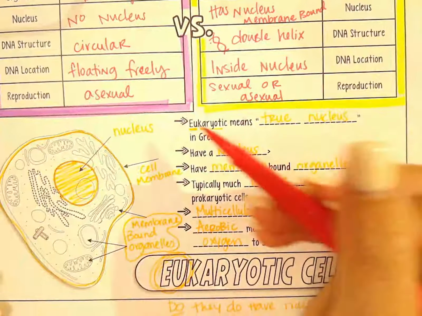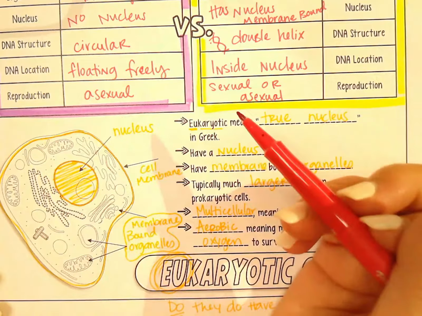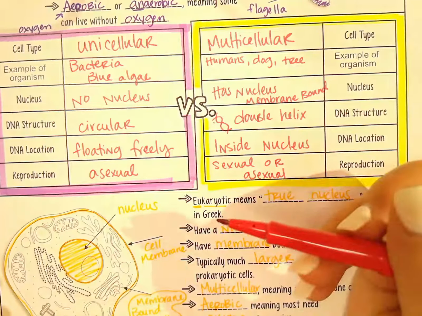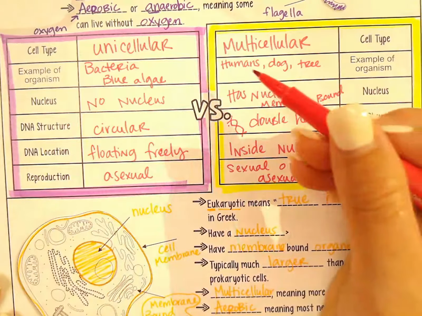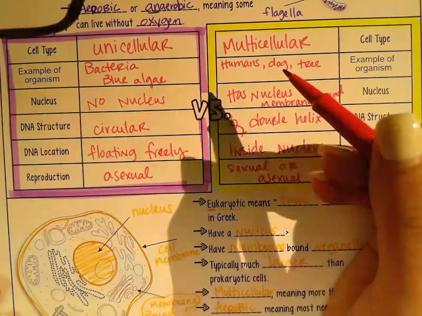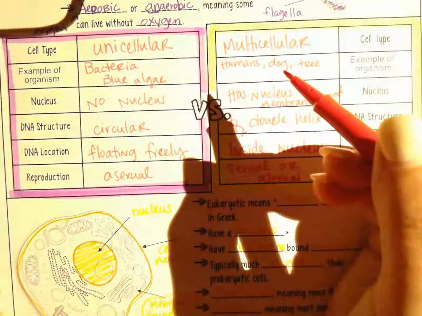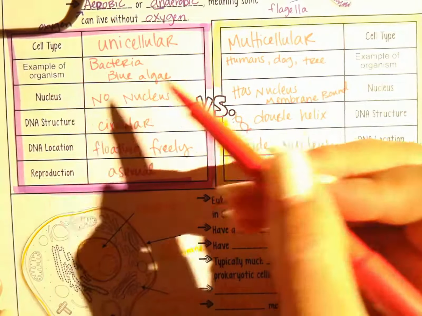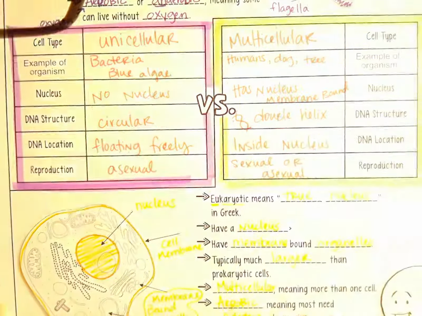This creates a lot of diversity in the types of cells that we can have, right? So eukaryotic cells have a lot more diversity, right? We can think of all kinds of organisms that we're familiar with that are examples of eukaryotic organisms. It's a lot harder to think of things that we recognize as prokaryotic cells, okay?